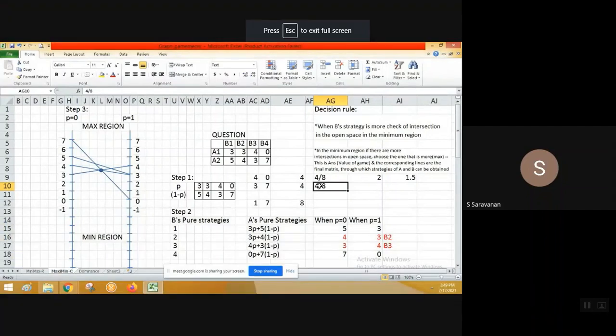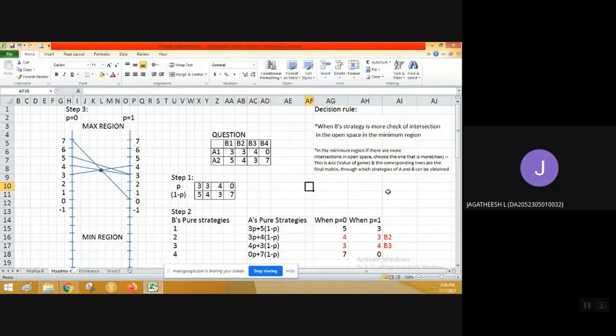You can try with B2, B4. Sir, one doubt. If we take B2, when we calculate, it comes as -1. You're taking B2 and B4? Yes, sir. B2 and B4. Okay, 3, 0, 4 and 7.